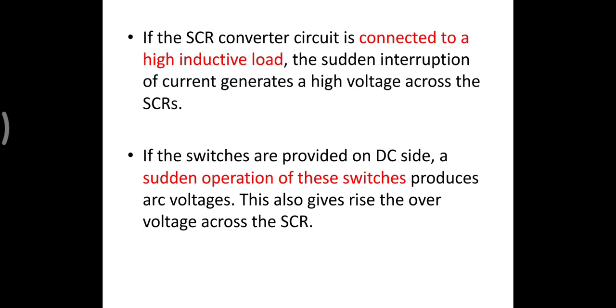The fourth one is that during switching operation, arc voltages are generated. This arc voltage is applied directly across the SCR, so the SCR may get damaged because of these arc voltages.